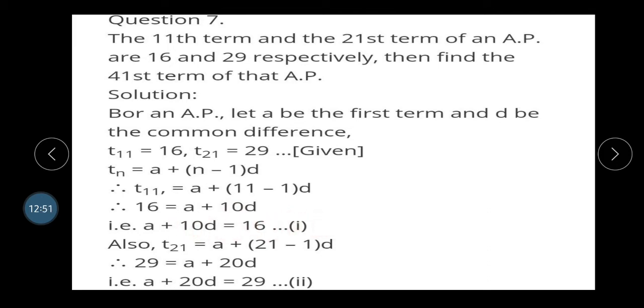Similarly, we will write T21 equals A plus 21 minus 1 into D. T21, that is the 21st term, is 29. So A is as it is, 21 minus 1 we will get 20, 20 into D we will get 20D. So it becomes 29 equals A plus 20D. We will write it properly in equation form: A plus 20D equals 29. This is our second equation.